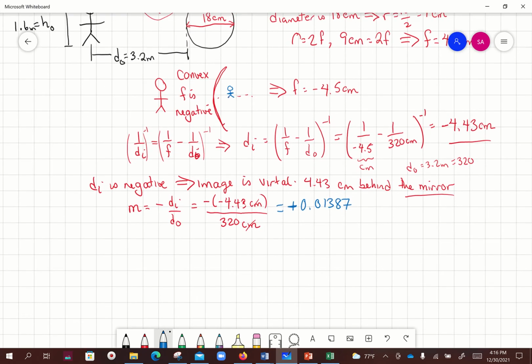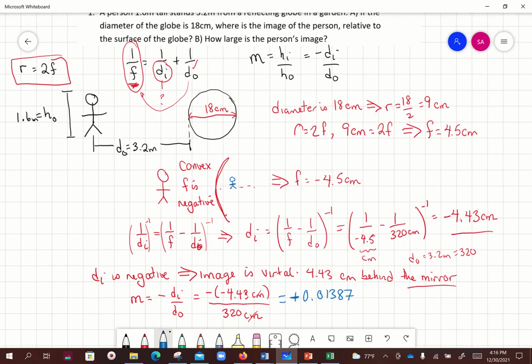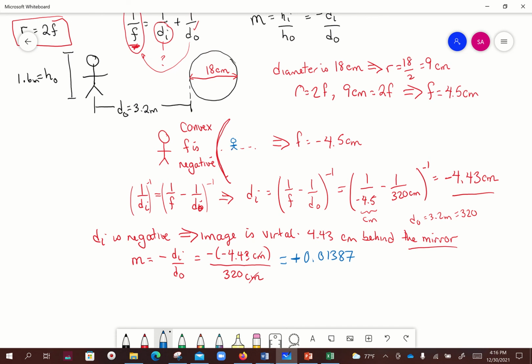And we want to know in part B, how large is the person's image? So what we want to know is the height of that little image of the person. Remember, magnification is height of the image over the height of the object. Now I've found the magnification, and I know the height of the object, so I can find the height of the image. If I rearrange that, the height of the image is just the magnification times the height of the object.